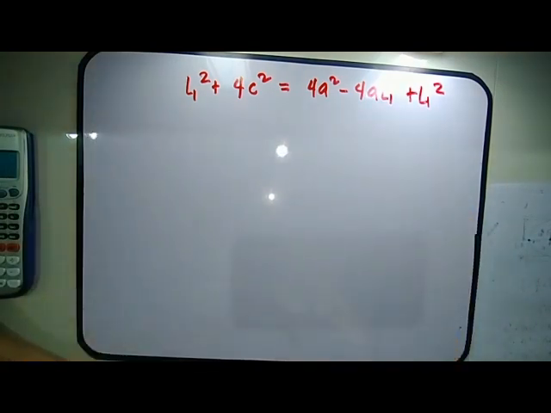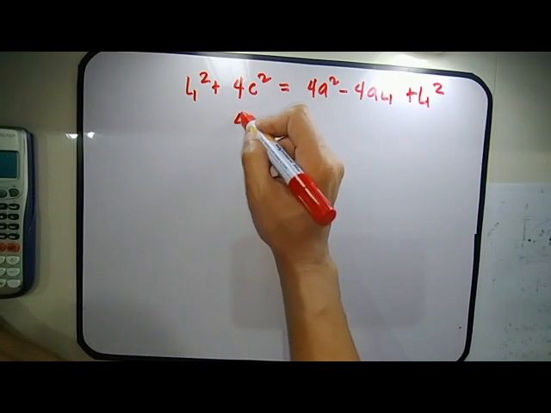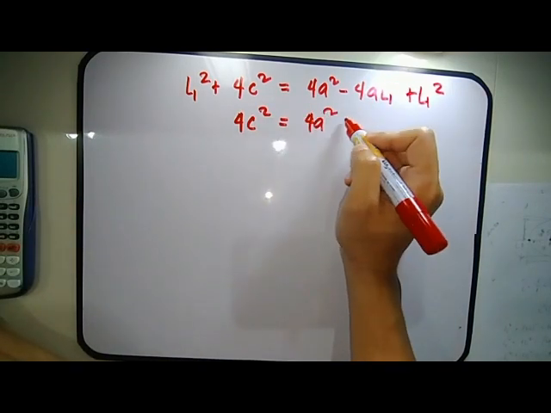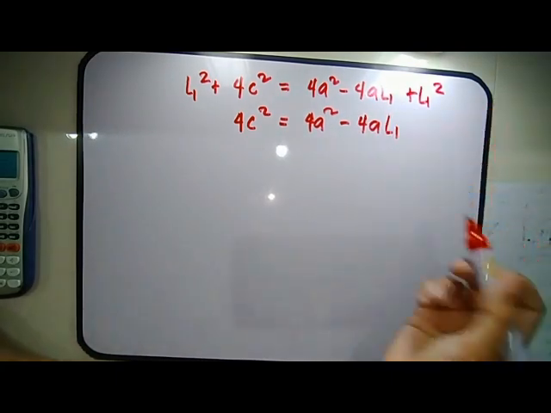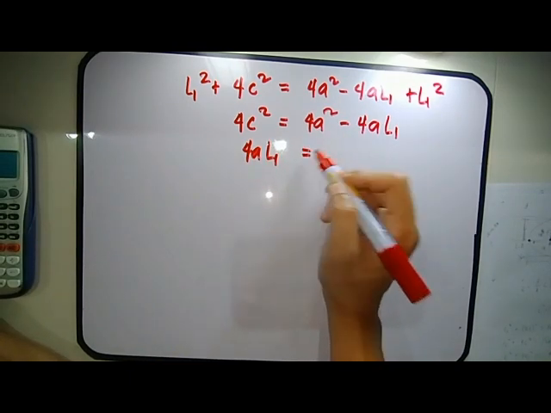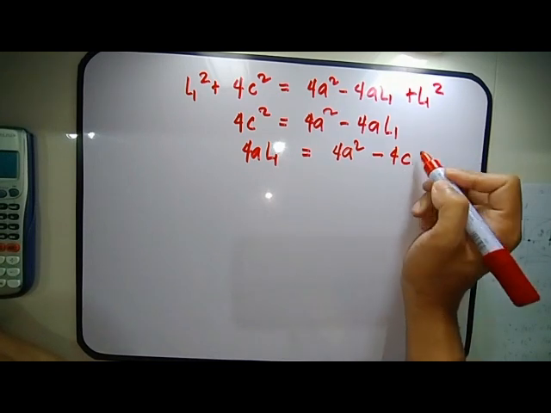So, pwede natin siyang i-cancel na. So, minus L1 squared both sides. So, yields 4C squared equal 4A squared minus 4A L1. We have 4A L1 equals yung 4A squared minus 4C squared.